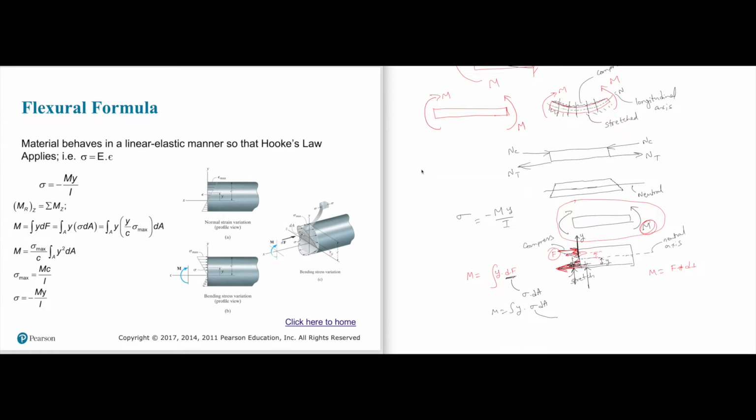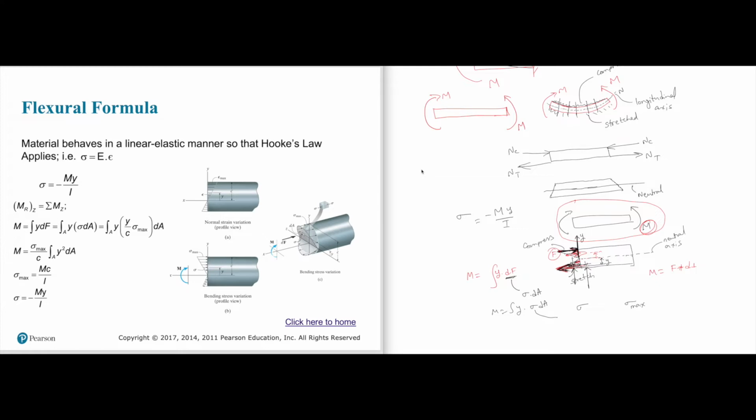So there can be a relation between sigma and sigma max. Where does sigma max occur? Assuming it's a uniform cross section, force is larger on the edge. Isn't sigma max bigger on the edge, right? On the edges.